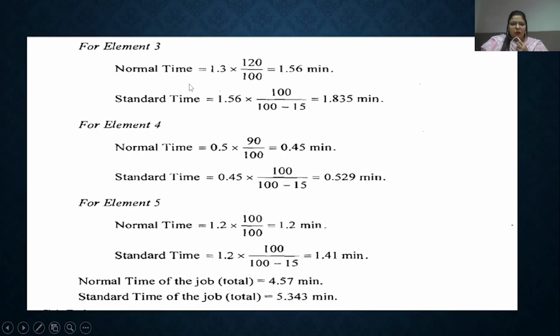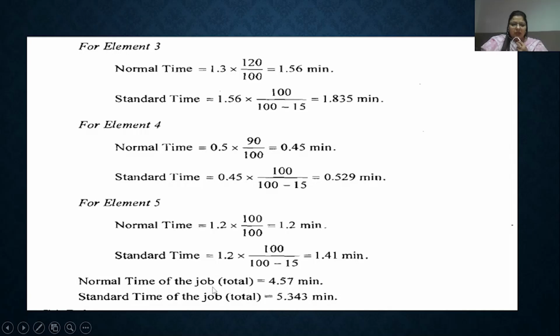Now for element 3, the normal time is 1.3 multiplied by 120 upon 100, which is 1.56. In the same way, we can calculate the standard time. For element 4 and element 5 we can use the same formula.